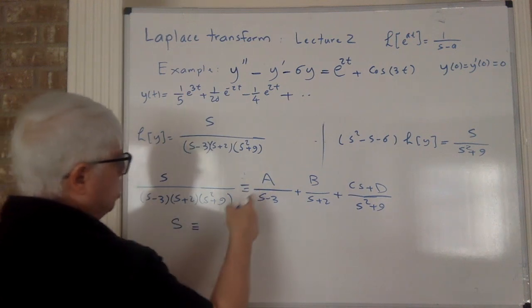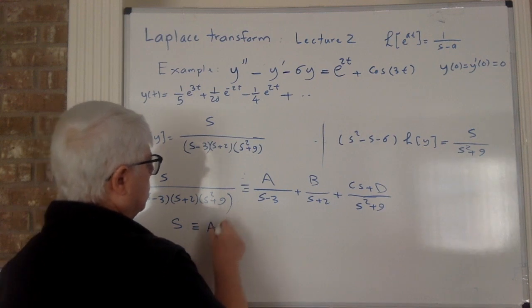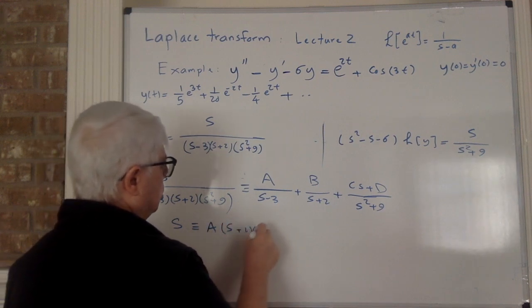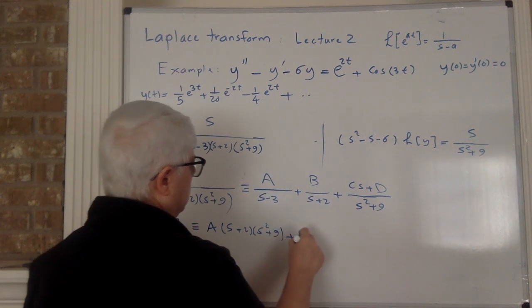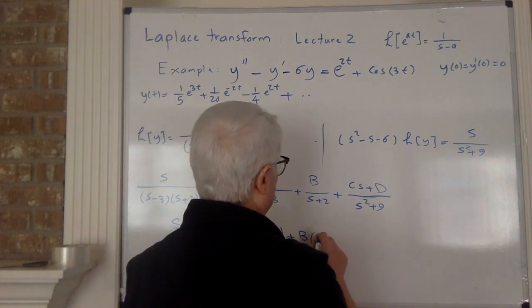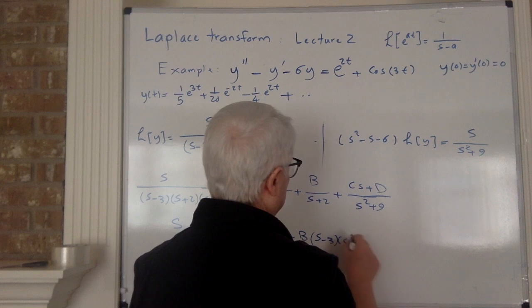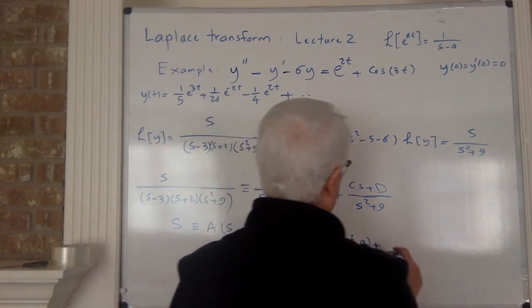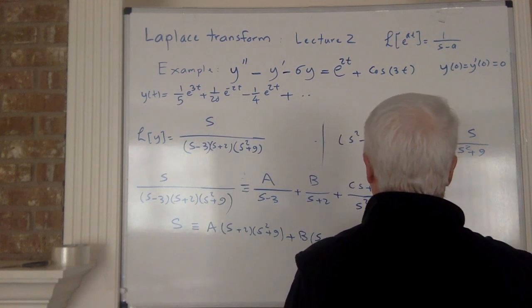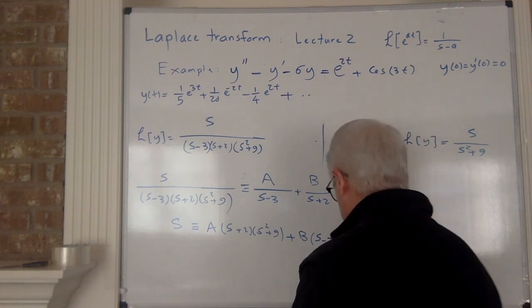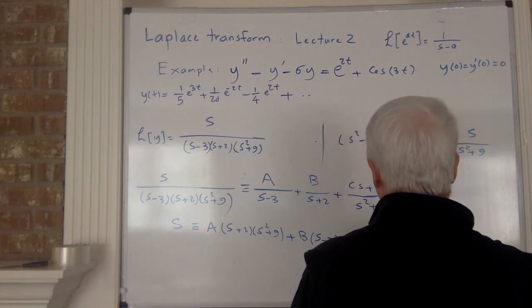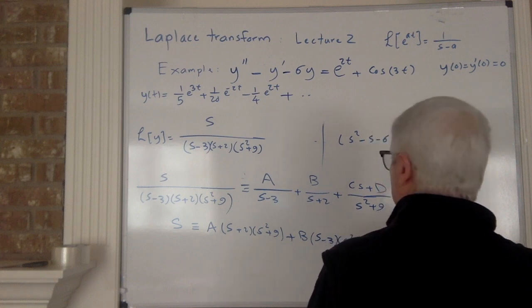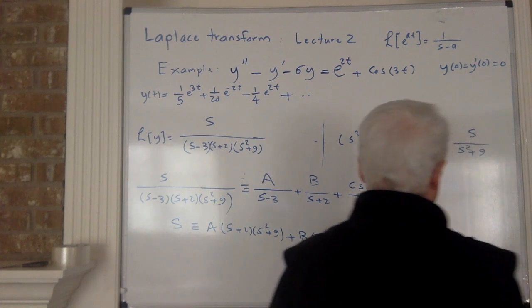s is equivalent to a times (s plus 2) times (s squared plus 9), plus b times (s minus 3) times (s squared plus 9), plus (cs plus d) times (s minus 3)(s plus 2).